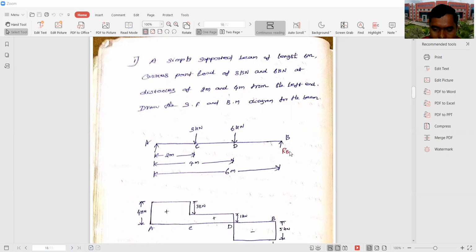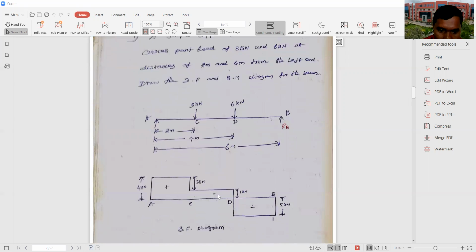Therefore RA plus RB is equal to 3 plus 6, that is 9 kilonewton. That is one equation, and for the other you take the moment at A equal to 0.